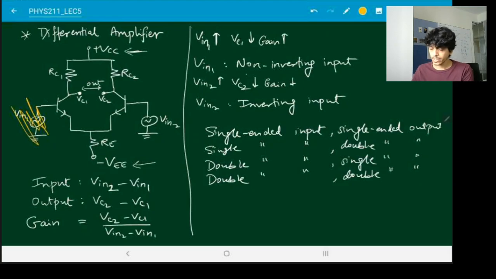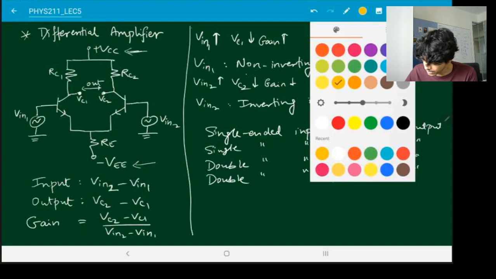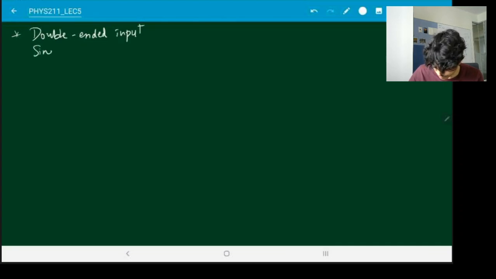So these are your four kinds of differential amplifiers. We are going to look at one kind. We are going to look at the double-ended input, single-ended output.